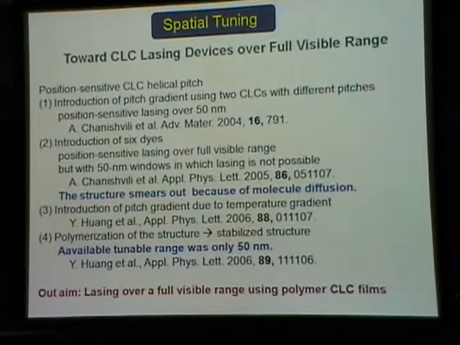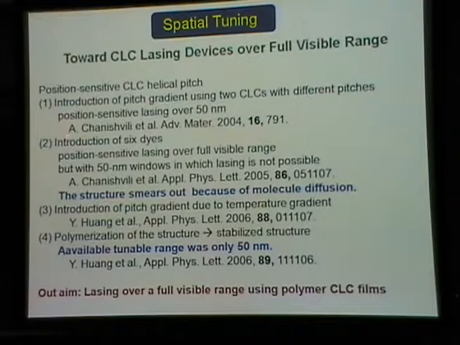So, okay, but still we cannot tune the wavelengths over a full visible range. So we try to tune the lasing action over a full visible range using the polymer cholesteric liquid crystal. Before our work, mainly two groups were involved in the spatial tuning.